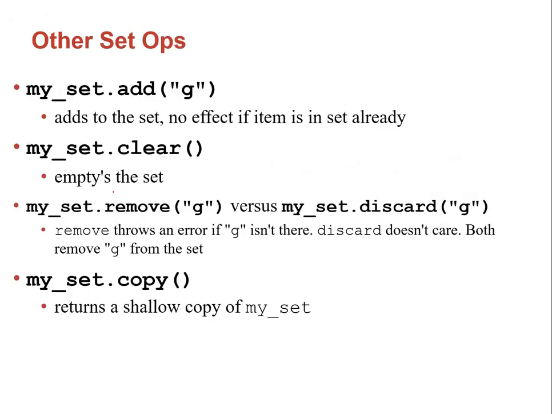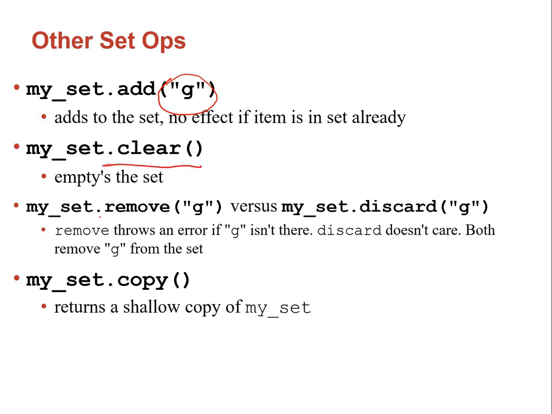And one last thing is how to use some methods with sets. You can add an element, similar to lists, to a set. You can clear the set, getting rid of all of the elements.